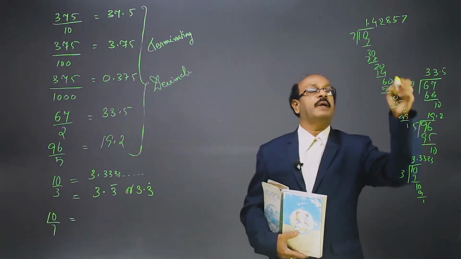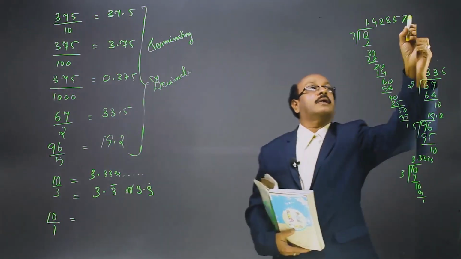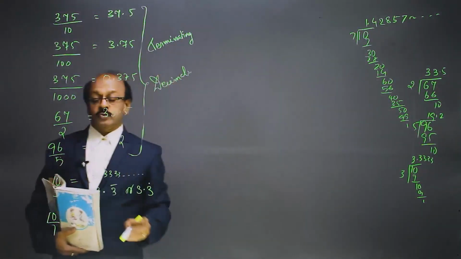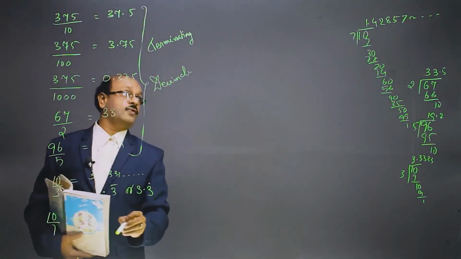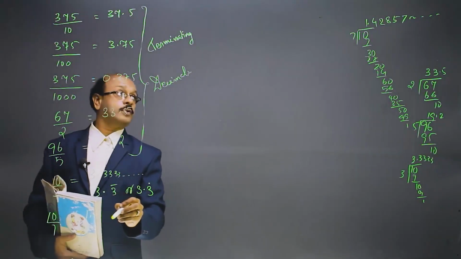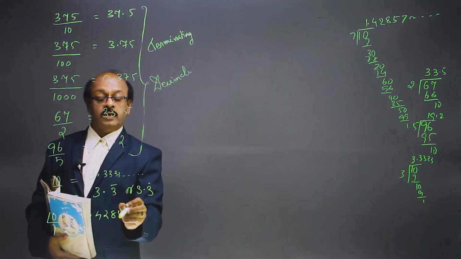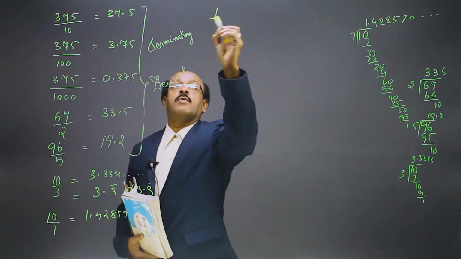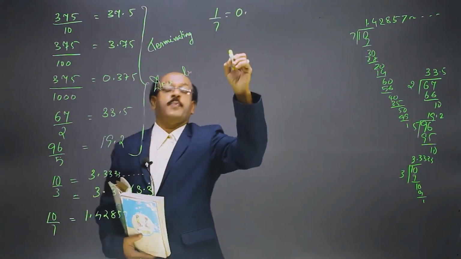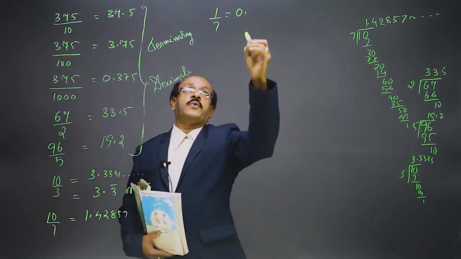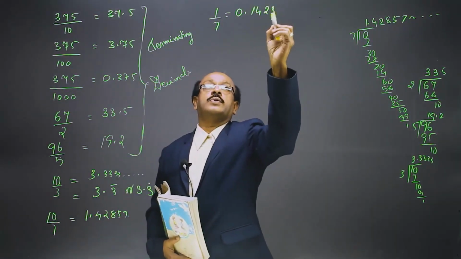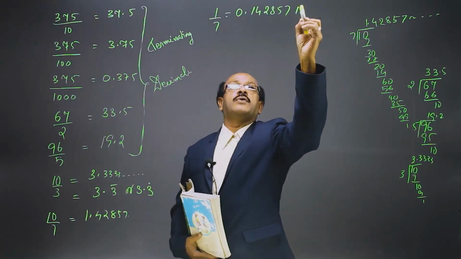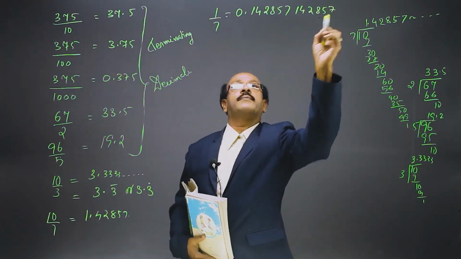Again, it will repeat in the same order. We can write it as etc. 10 by 7 is equal to 1 point something, 1.42857, 42857. But 1 by 7 is equal to 0.142857, 142857. Again, these digits are repeating, 142857.